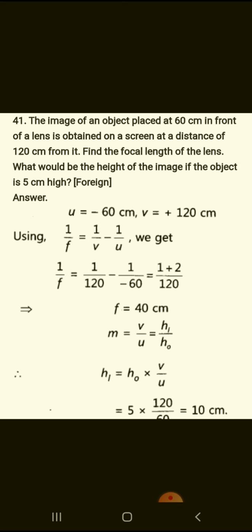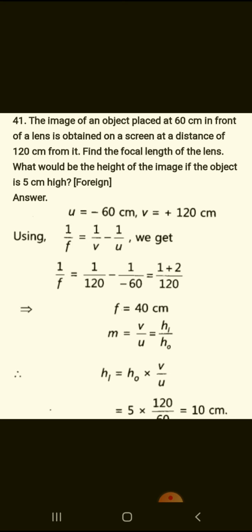So what is the question? We have to find the focal length of the lens, as well as the height of the image. The height of the object is given to you, that is equal to 5 centimeter.